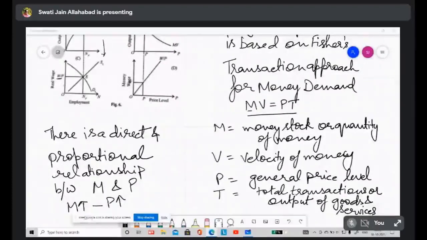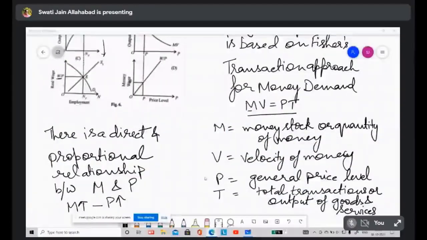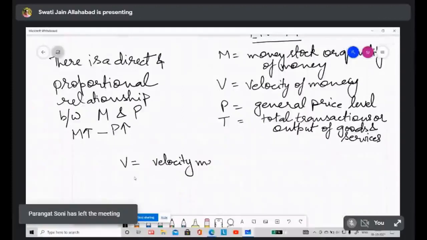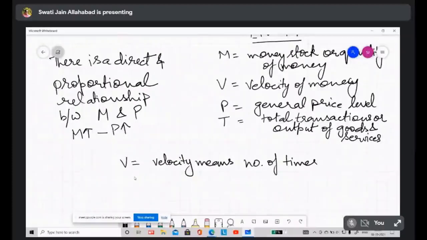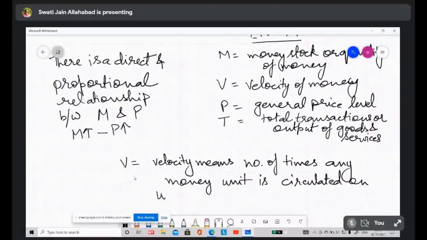What is velocity of money? V is velocity, the number of times any money unit is circulated or used for transaction.